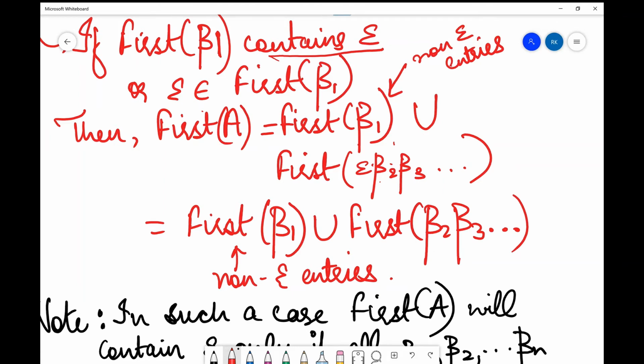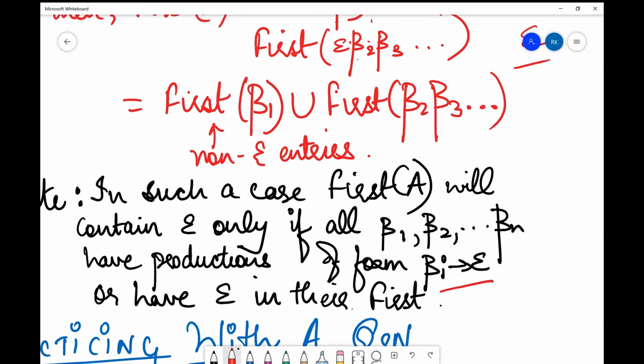Now what if every beta over here contains an epsilon in its first, or has a production of the form beta i goes to epsilon? In such a case, you'll get a union of non-epsilon entries and then finally epsilon.